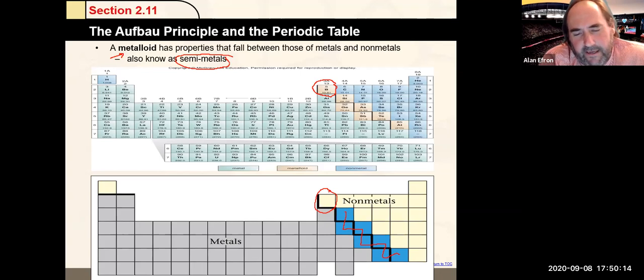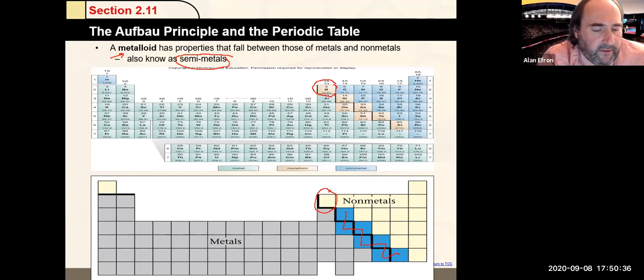Sometimes they'll include it or not. Boron, a lot of times in terms of naming, is thought of almost like a non-metal, so a lot of people put it into a non-metal category. But some periodic tables, like the one on top, do include boron. But this staircase is the metalloids.